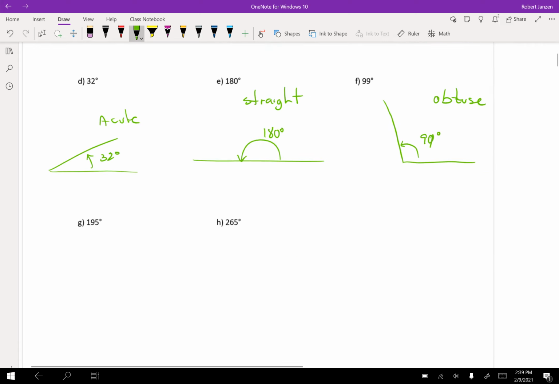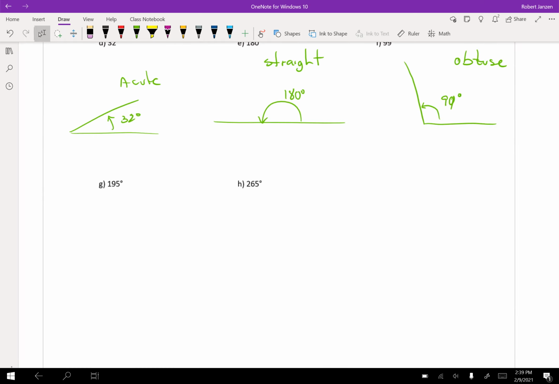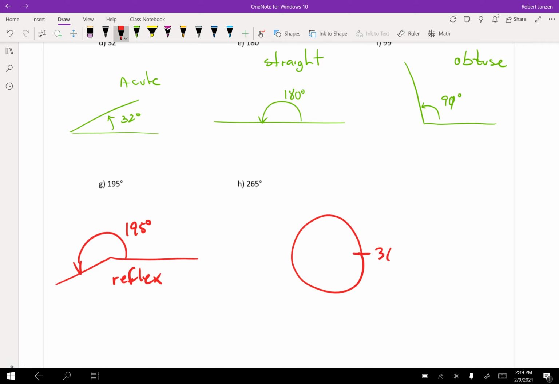Okay. Again, you can pause the video and try these next two. I think the last one's probably going to be the hardest. 195 is going to be a little bit bigger than a straight line. Okay, and we call that one reflex. But then 265. How big is 265? Well, let's just draw a circle for a second. I know that's 360.